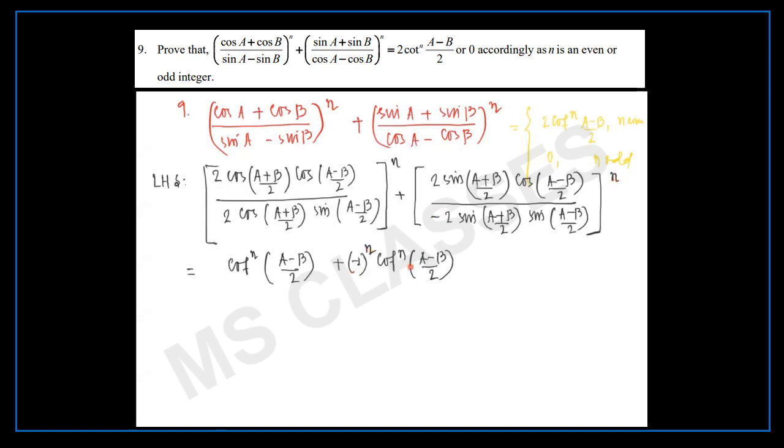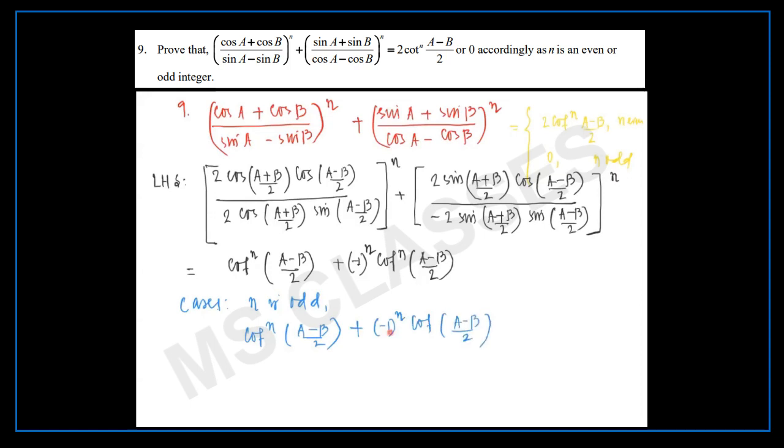Now we take cases. Case 1. N is odd. Then the expression gives us what? Cot A minus B by 2 plus minus 1 to the power of odd number, cot A minus B by 2.